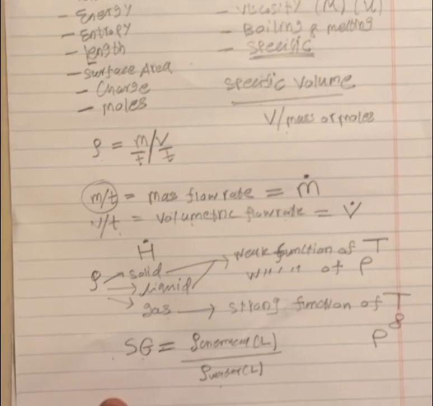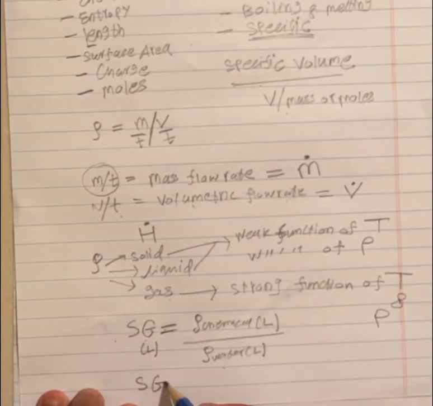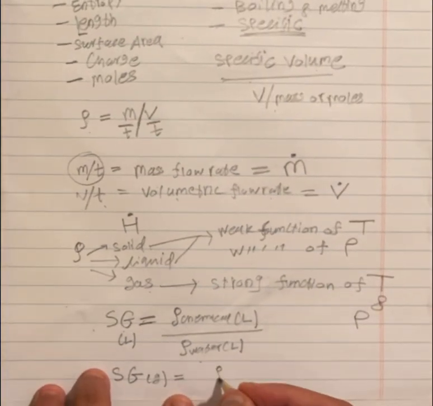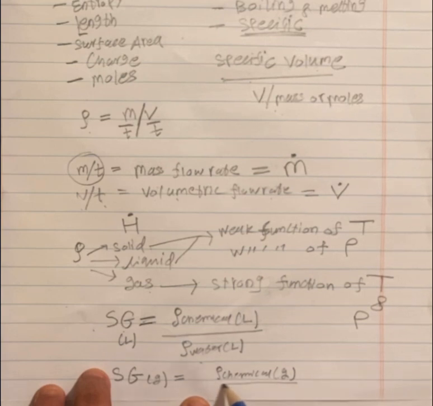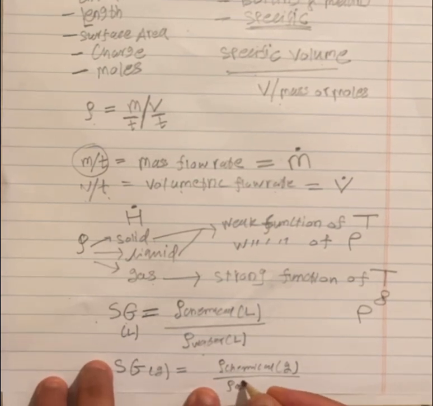Also, you will hear about specific gravity for gas, but the reference point or relative density will be the density of a chemical, which is more likely to be gas, relative to the density of air.